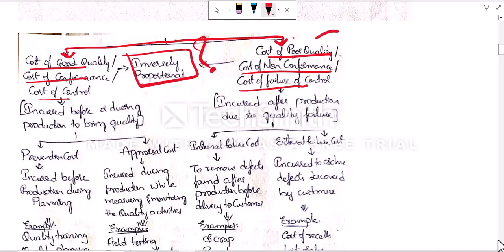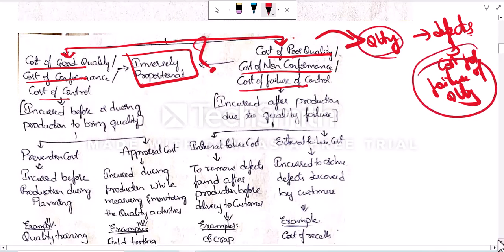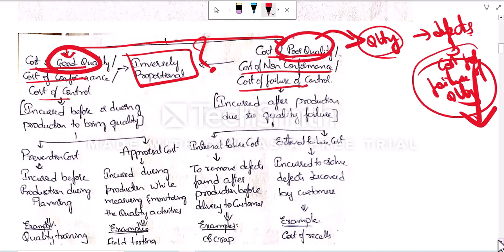See, if you invest in a process to get good quality, then defects will be reduced. We have earned the quality, so the cost of failure of quality will obviously be lower. So if we invest in good quality, we don't have poor quality. If we don't invest in good quality, we will have poor quality. So both are inversely proportional.